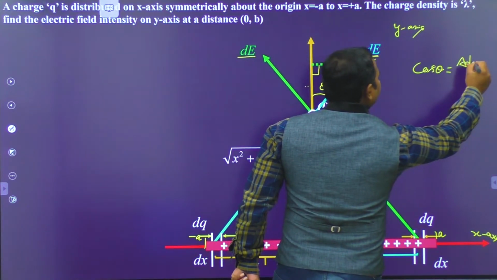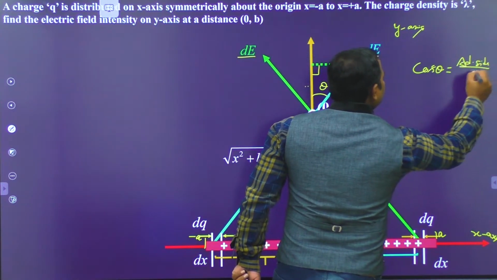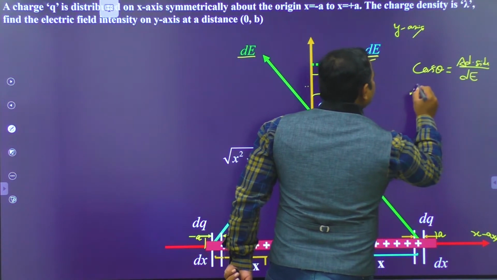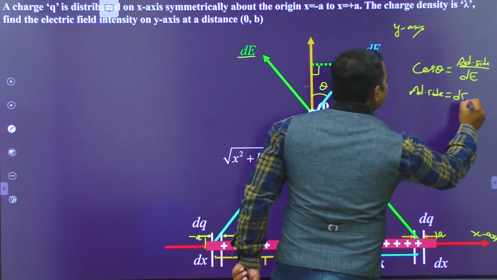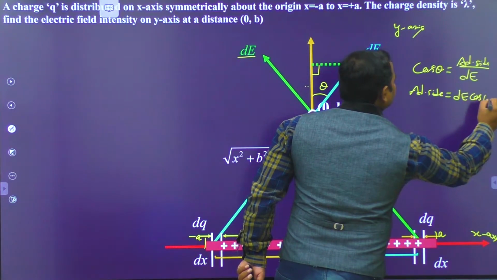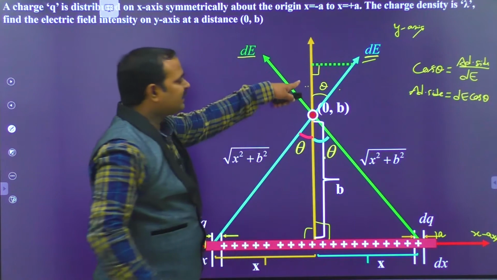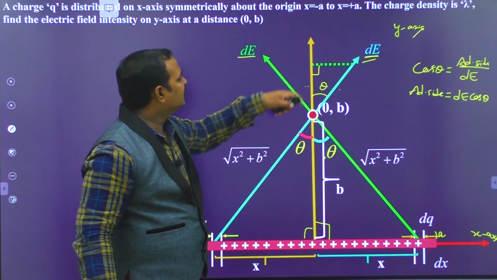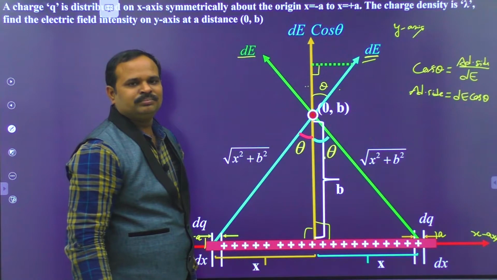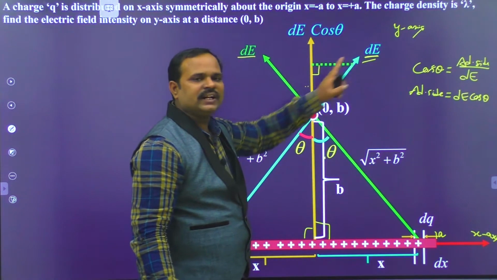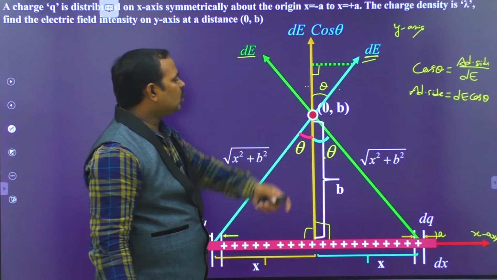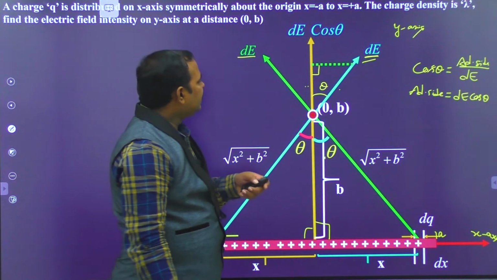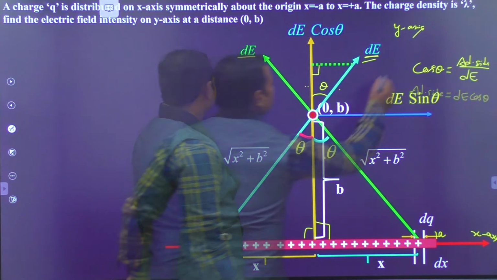So the adjacent side is equal to dE cos theta. So the vertical component, that is the adjacent side, is dE cos theta, because of this electric field. Now the vertical component is dE cos theta, so obviously the horizontal component will be dE sin theta.